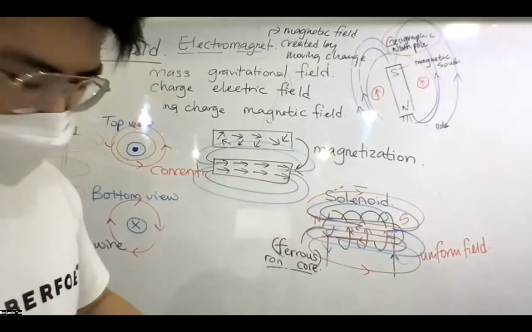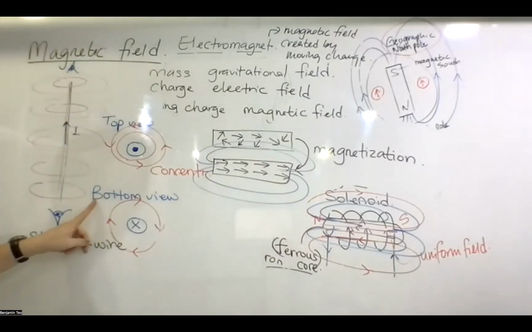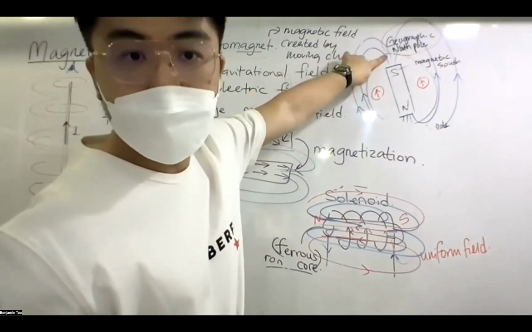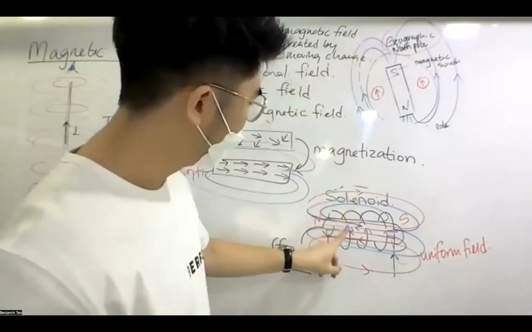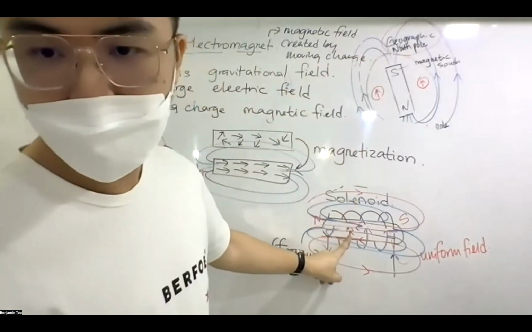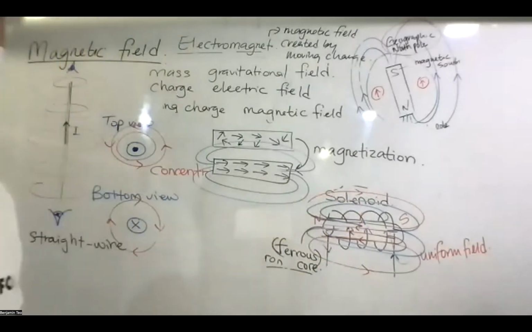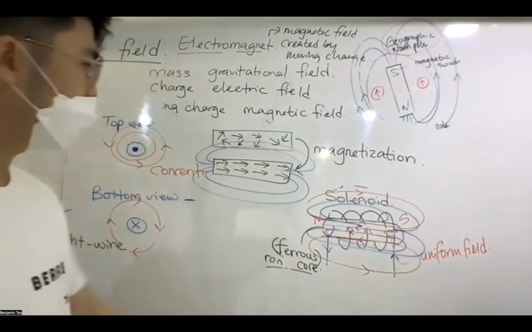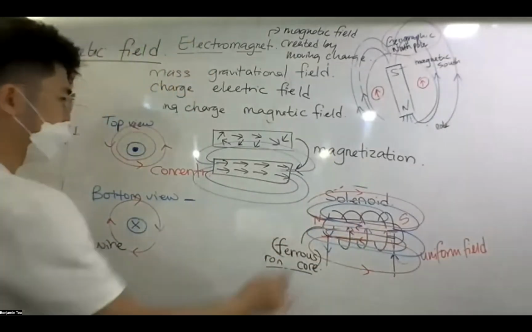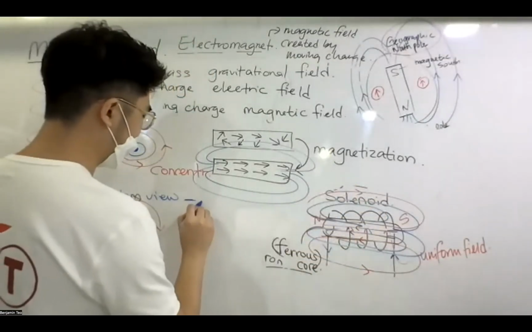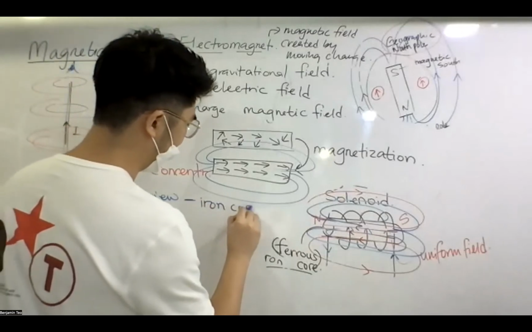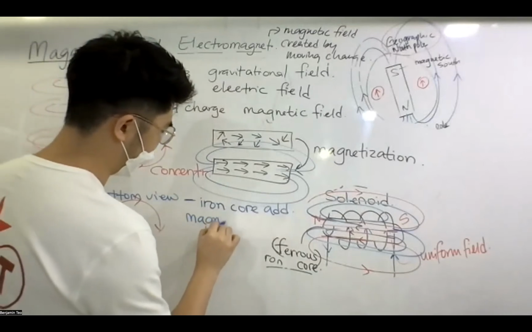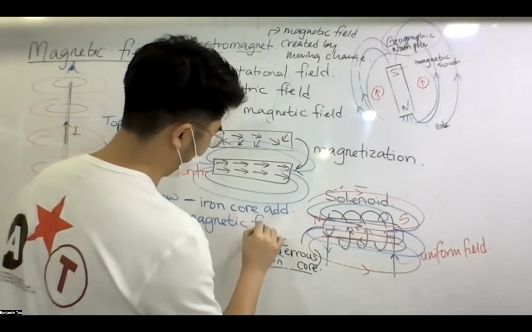If you have more field, what we discussed earlier, smaller spacing, stronger. So we say here, why we add a ferrous core, it increases the strength, because the iron core adds magnetic field.